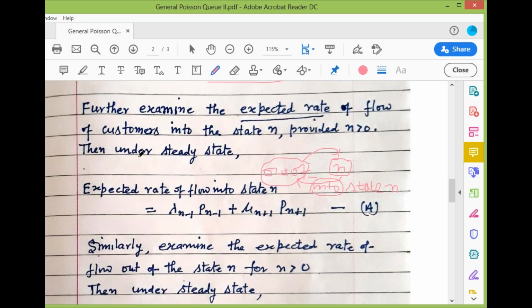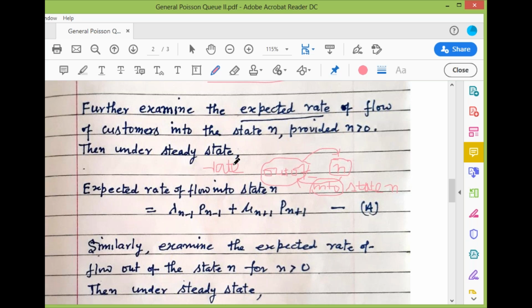Ultimately we have to keep in mind that we are going to have a figure in terms of customers, but here we are taking the expected rate of flow. Why the rate? Because lambda is the rate and mu is also a rate. Therefore, here the variable is the rate.